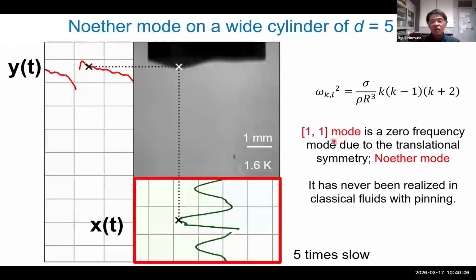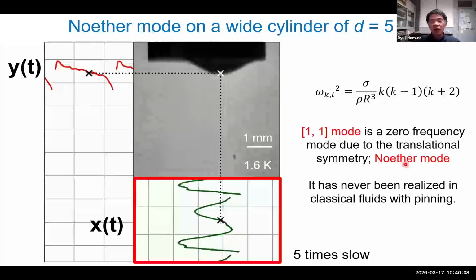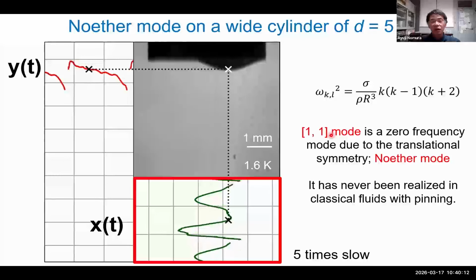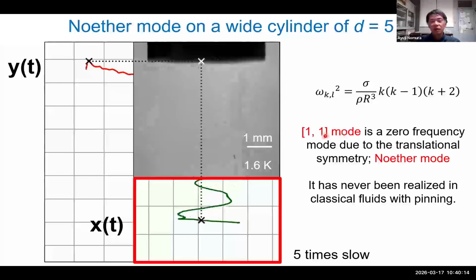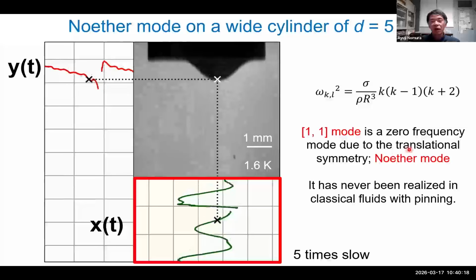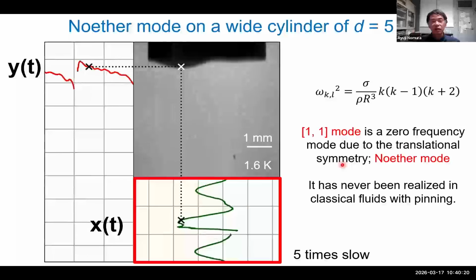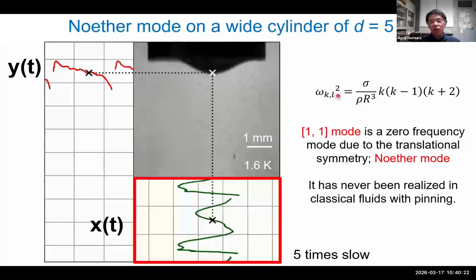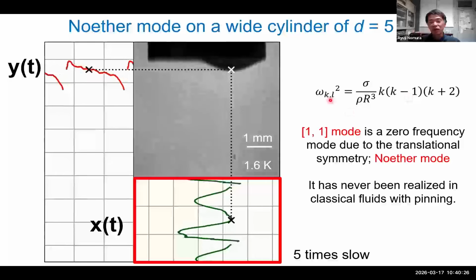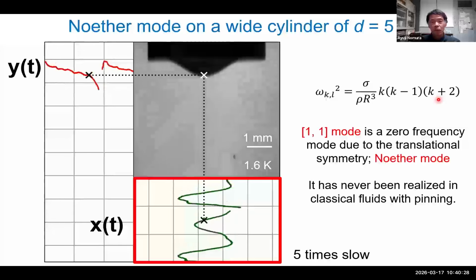And I think this is a 1-1 mode, or the Nater mode. And the 1-1 mode is a dipole mode, and it's a zero frequency mode in the presence of the spatial translational symmetry. So this omega is 0 when k equals 0. So that's a zero frequency mode.